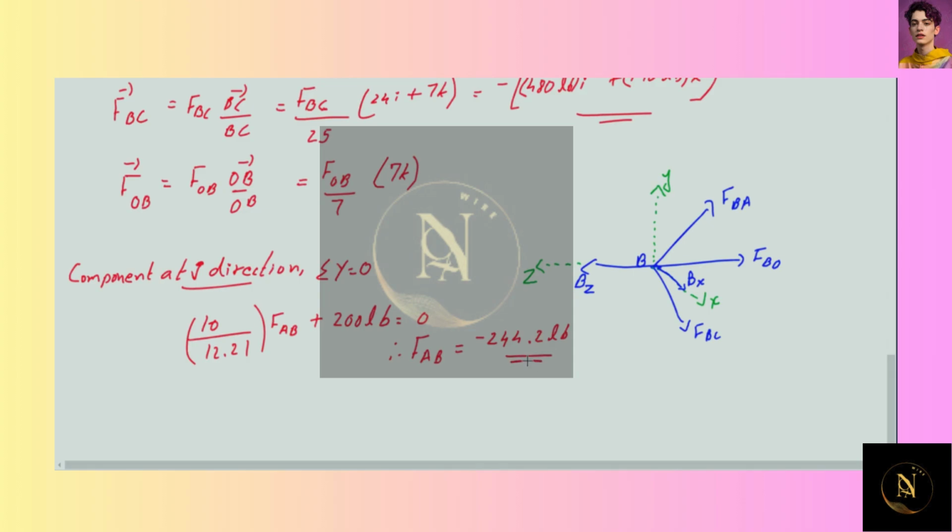There is a negative sign here that indicates the actual direction of FAB is opposite to the given direction.